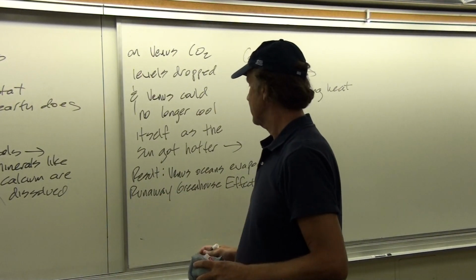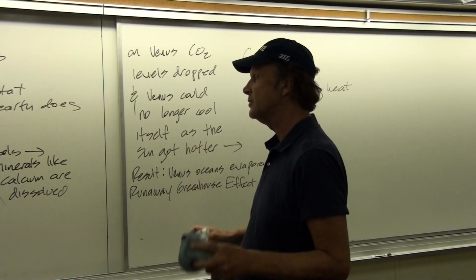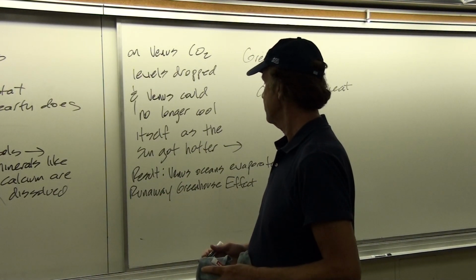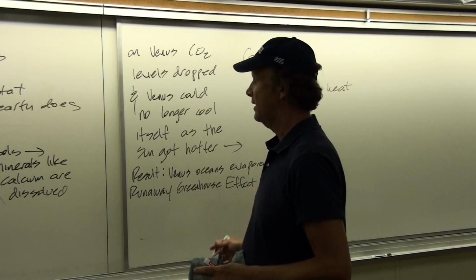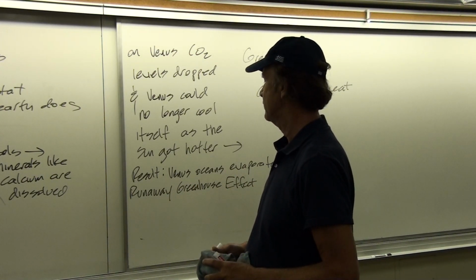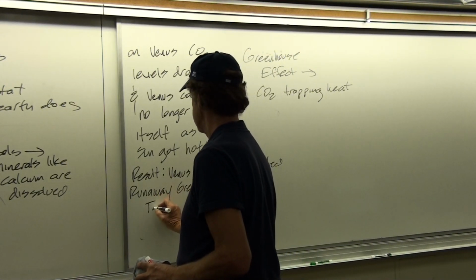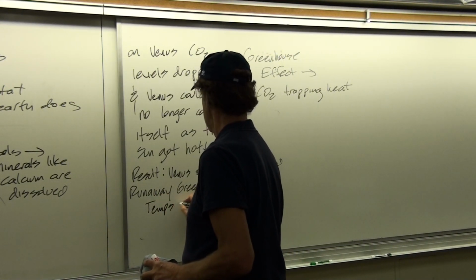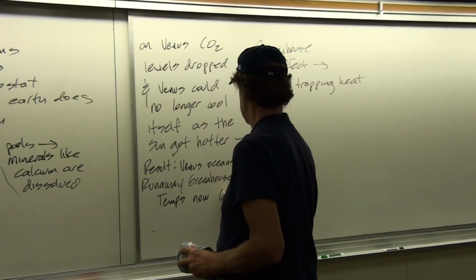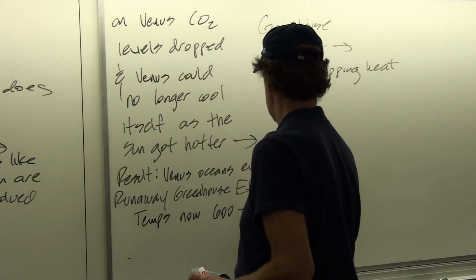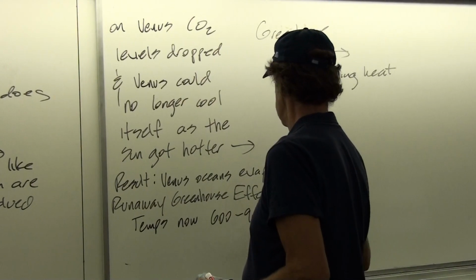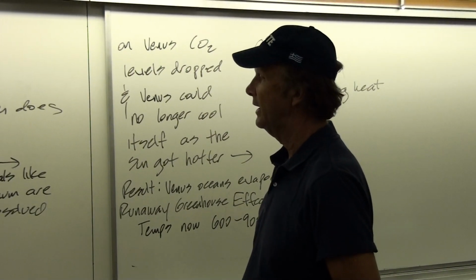And then volcanic eruptions will still continue to occur. And so once the oceans have evaporated, the thermostat is broken. And the temperatures now on the surface of Venus are between 600 and 900 degrees Fahrenheit, which is hot enough to melt lead.